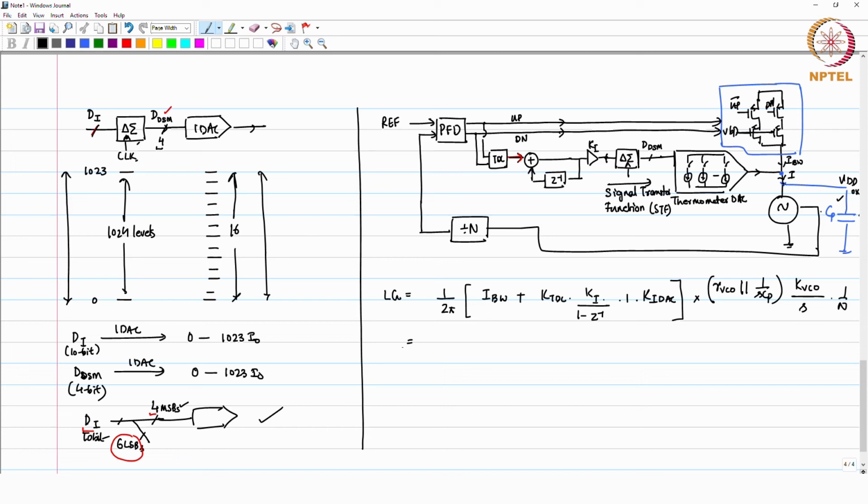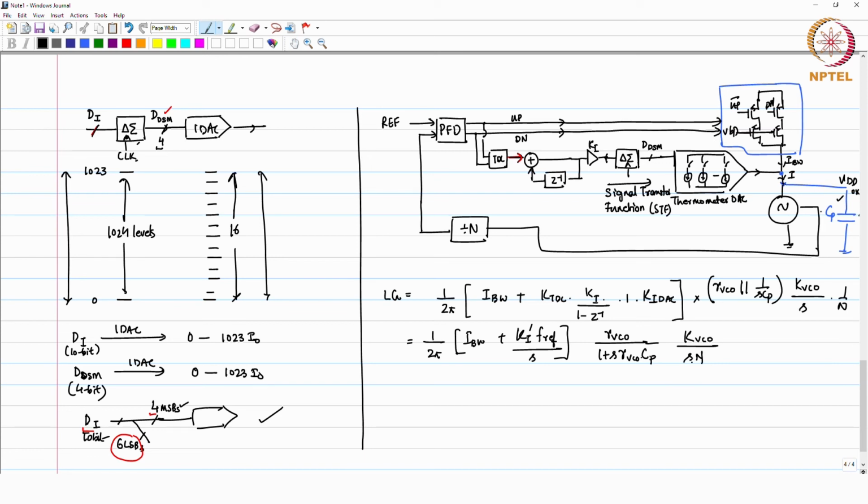Okay. So, to simplify it further, we have 1 over 2 pi I bandwidth, I will just put everything as K I dash times F ref by S under the approximation, and then you are going to have this R VCO parallel SCp, that is going to be R VCO divided by 1 plus S times R VCO times Cp, into K VCO by Sn.